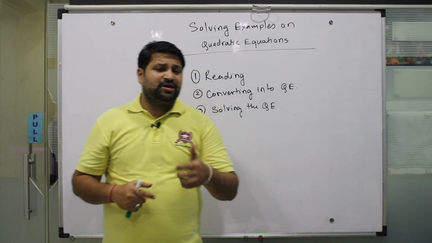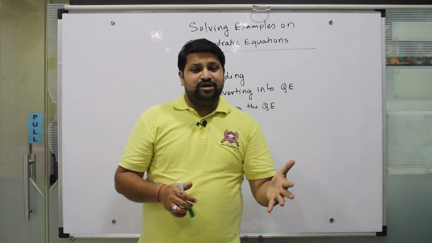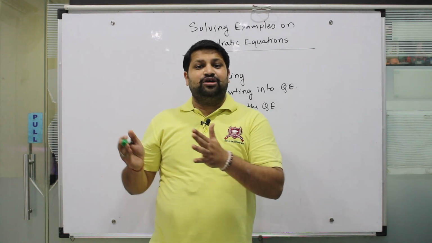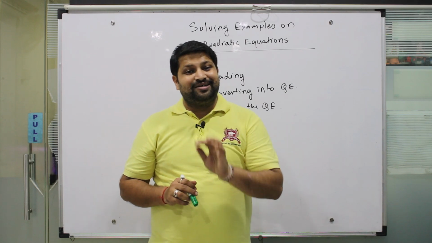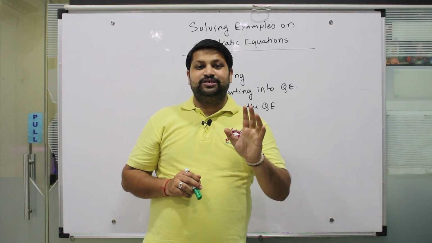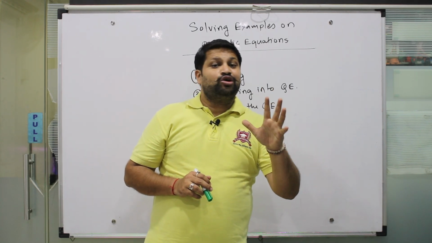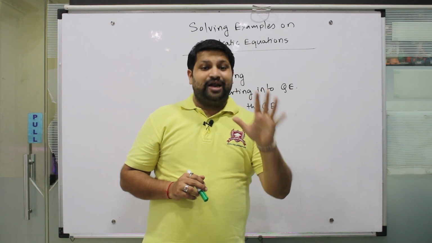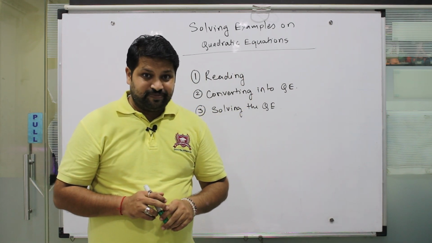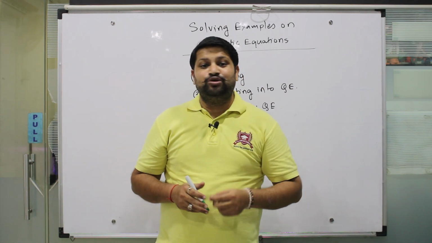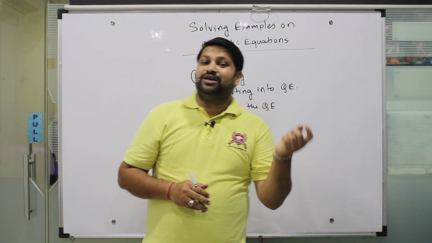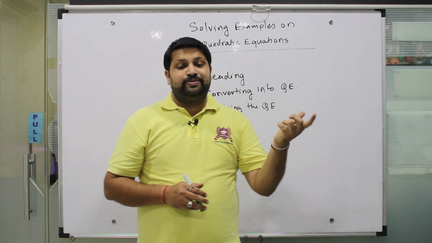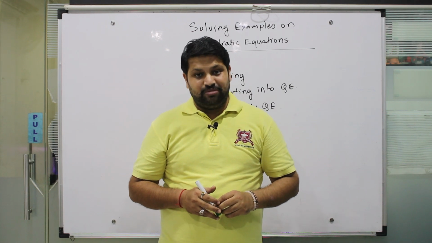Read the question properly, then convert it into a quadratic equation, and then solve it. Then write the answer in a complete sentence. This again looks impressive when you write it in the question paper. It shows that you are a neat person. So this is again an important tip with respect to your exam in mind.